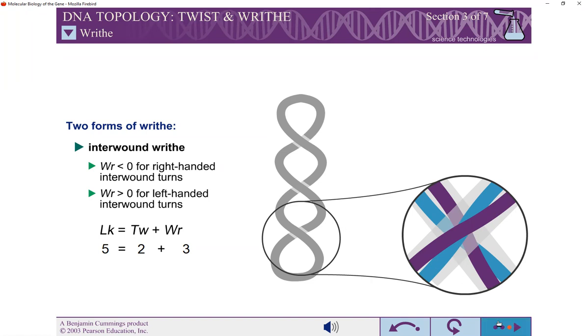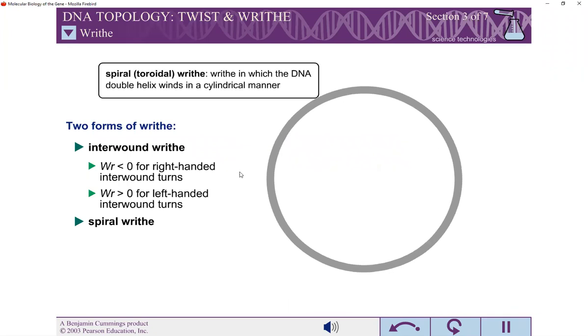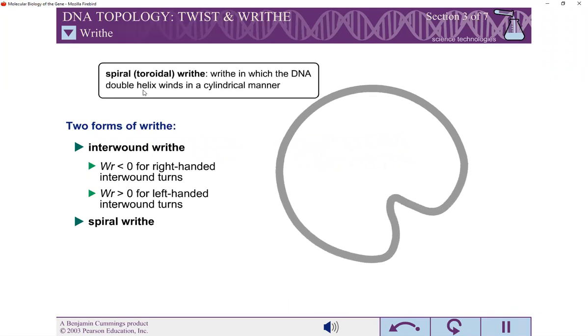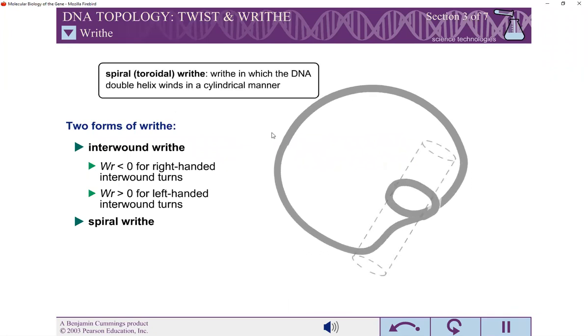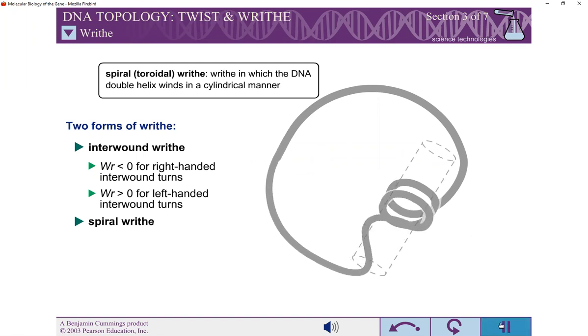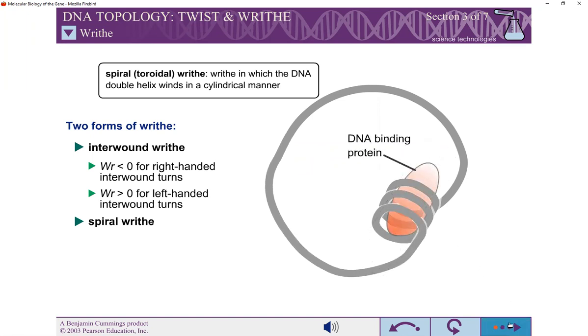Please look here. The other form of writhe is spiral or toroidal writhe. In spiral writhe, the DNA winds as if around a cylinder. Spiral writhe often occurs when DNA molecules wrap around proteins. Spiral writhe is a type of writhe that takes place around a particular protein molecule.